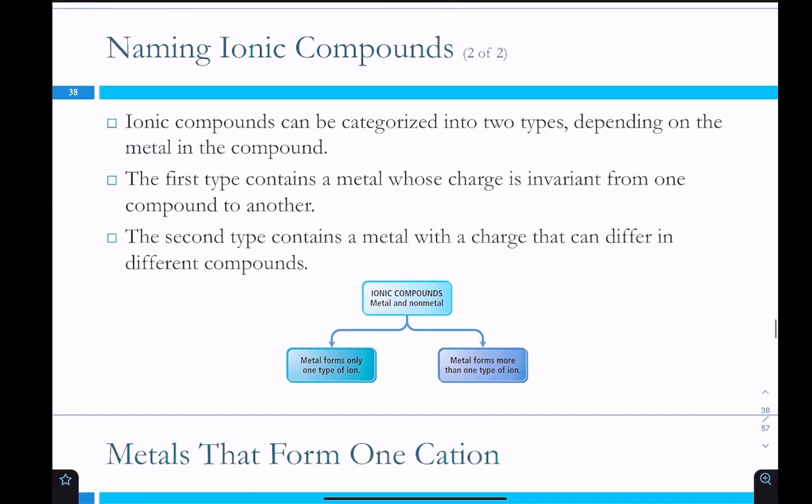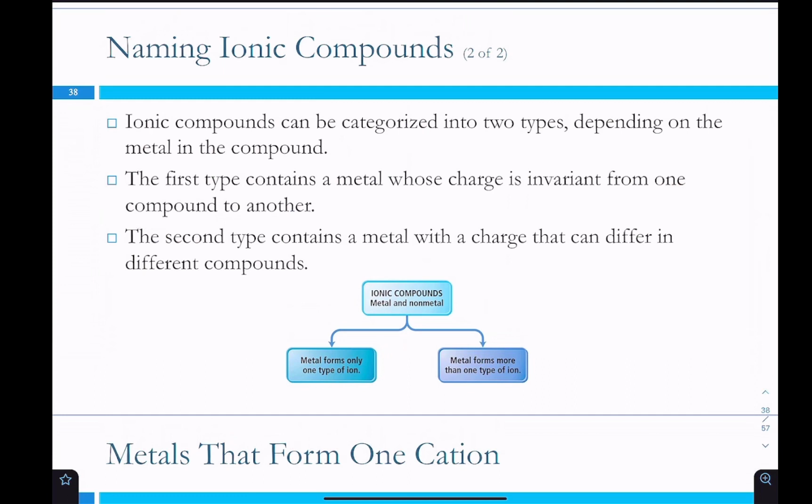So we can categorize these ionic compounds further and say that we've got ionic compounds that have a single charge, or as it says here, whose charge is invariant from one compound to another. So that means in every compound that it forms, it always has the same charge. That's the list that I have on Canvas.